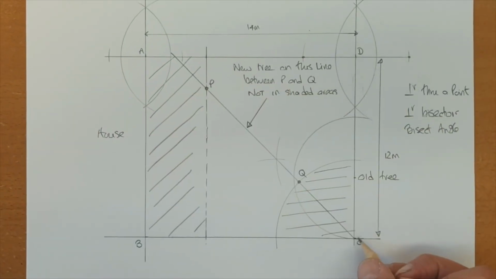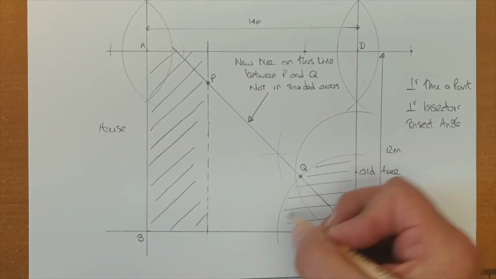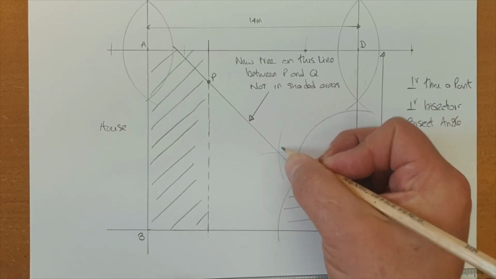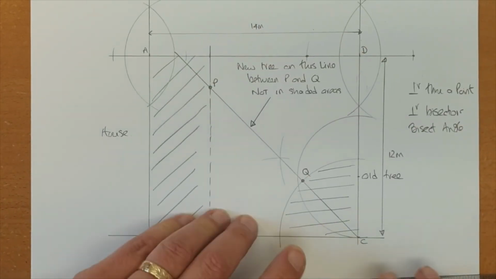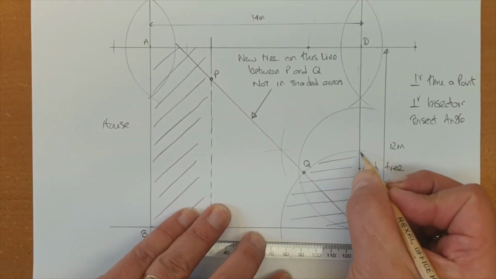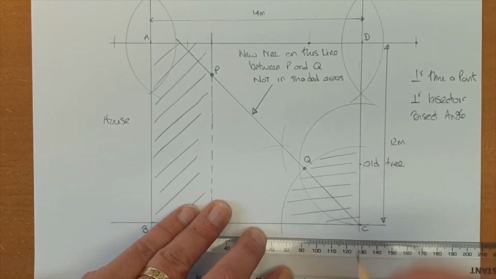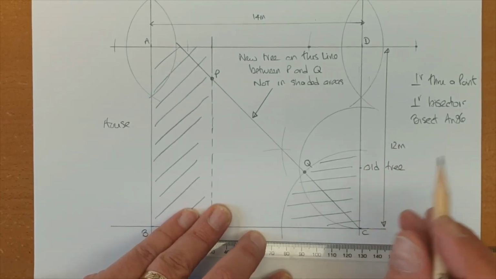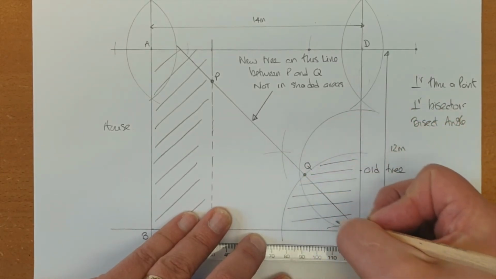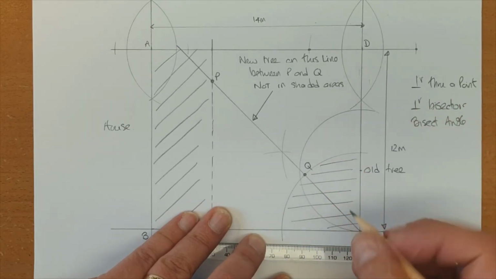Which we did here. Remember, we put our compasses on here, we opened it, we did an arc, we put our compasses on both of these 2 points, and drew these 2 arcs here. Where these 2 arcs intersect, we joined that to the corner. So we've done an angle bisector. This line here is the locus of all points which are 4 meters from the old tree.